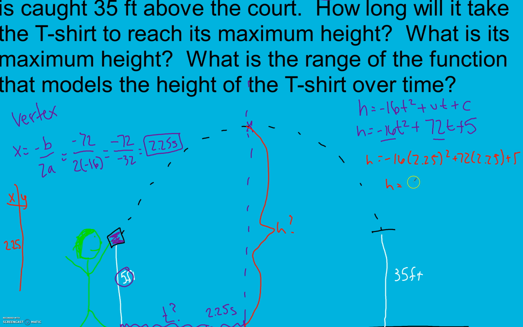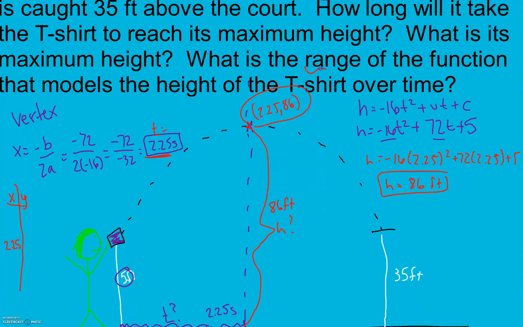And h is going to equal 86 feet. Again, anytime we know an x value, which here is t, I guess, we can plug it back into our formula to find our y value, which here is h. So 86 feet. So the coordinates of this point right here are 2.25 and 86.